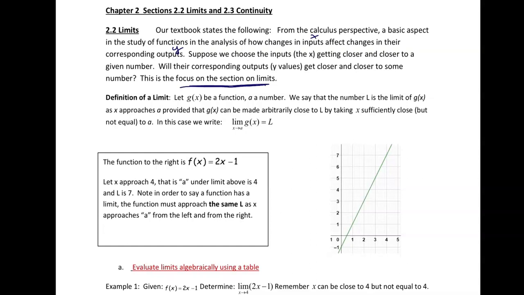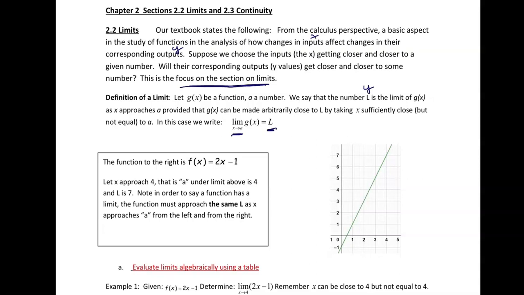We say that the number L is the limit of g of x as x approaches alpha, provided that g of x can be made arbitrarily closer and closer to L by taking x sufficiently close but not equal to alpha. The long and short of that is this: as our input approaches alpha, our output will approach L.